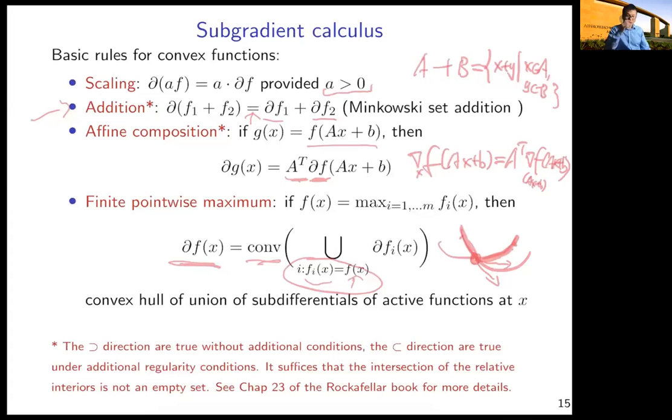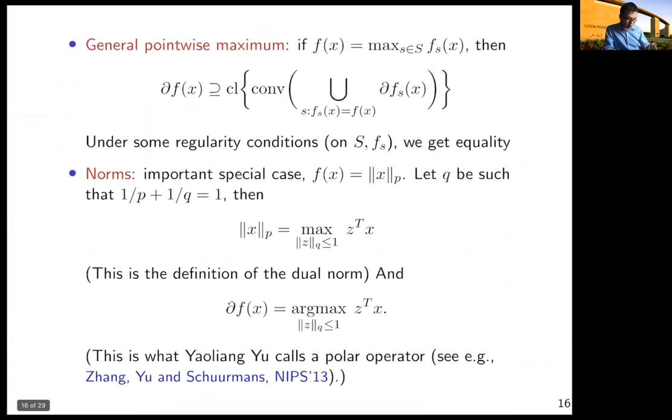All right, let's resume the lecture, and we'll give more examples of all these. We talked about scaling, addition, affine composition, and finite pointwise maximum. We can generalize the finite pointwise maximum to a slightly more general form, where we take the maximum over an infinite set.